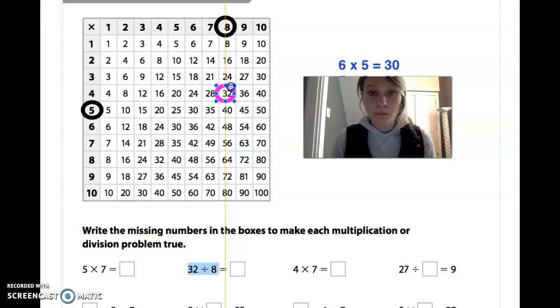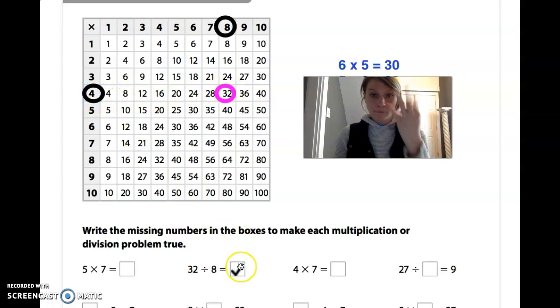Boom. And then I can just go across. There it is. So 32 divided by 8 equals 4. Make sure you actually write the number 4. Don't put a check mark in there like I just did. So I'm going to fix that. 4.